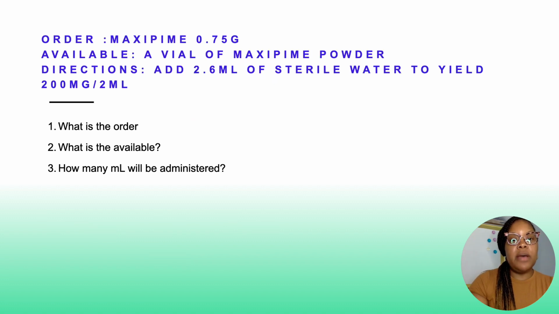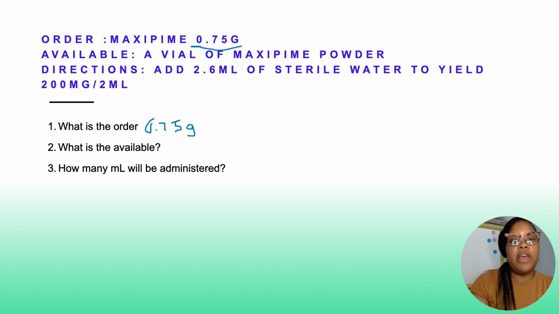Example number 2 says the order is for Maxipime 0.75 grams. What you have available is a vial of Maxipime powder. Directions are to add 2.6 mLs of sterile water to yield 200 mgs per 2 mLs. So what's the order? 0.75 grams.